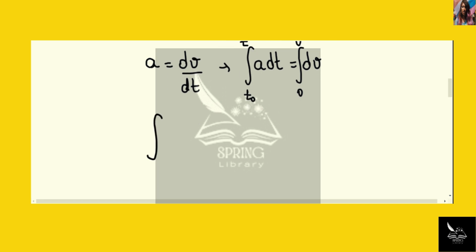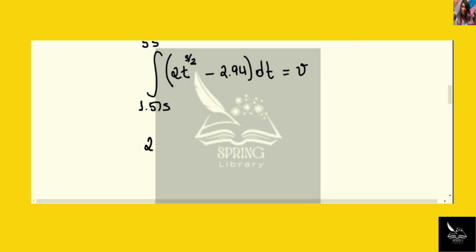On the left-hand side, we have the integral from 1.57 seconds to 5 seconds of a, which is equal to 2 t to the 3/2 minus 2.94 dt, and this is equal to v.